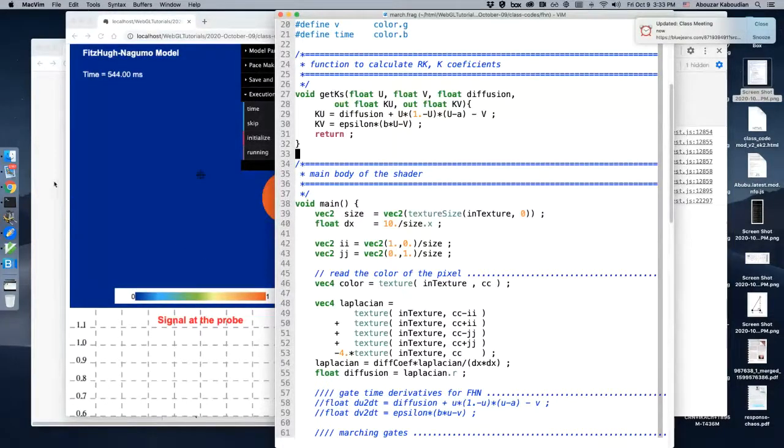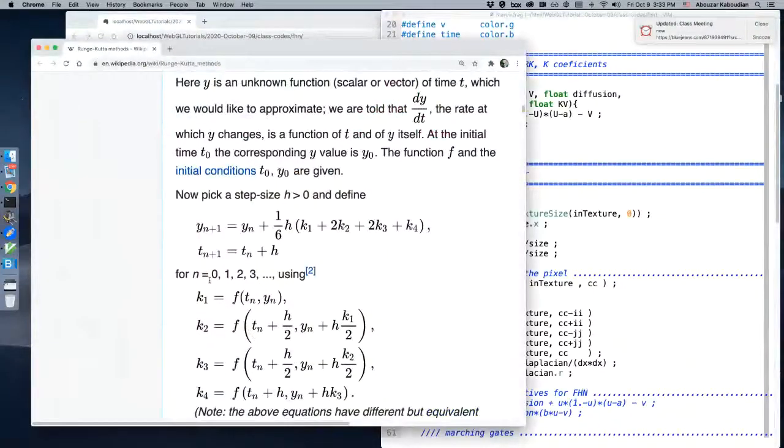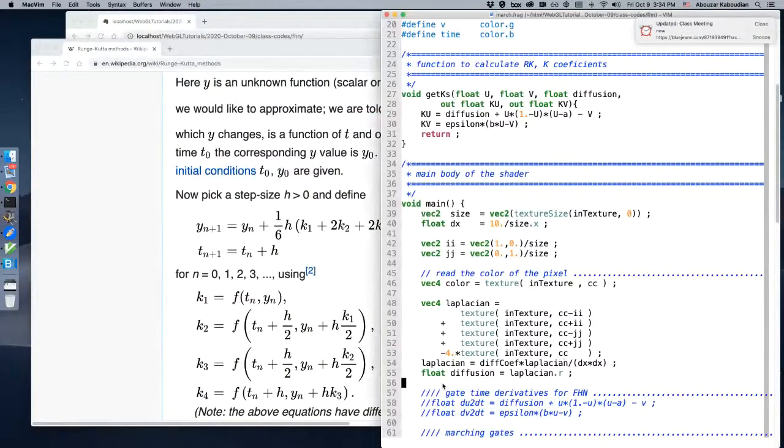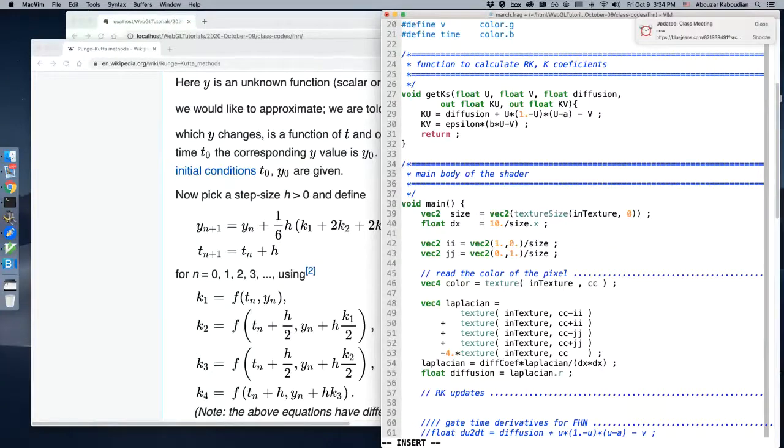Now the next step is to calculate our K's. What I want to do is my Runge-Kutta updates here. And for getting the Runge-Kutta updates, I need some K's for the U variable and some K's for the V variable.